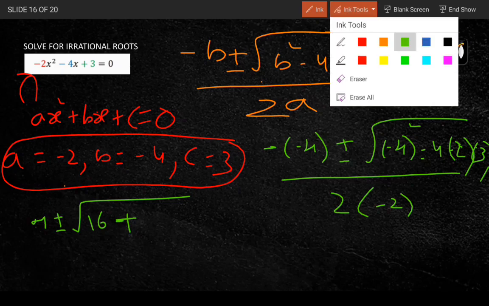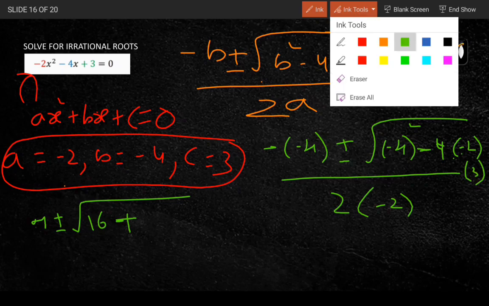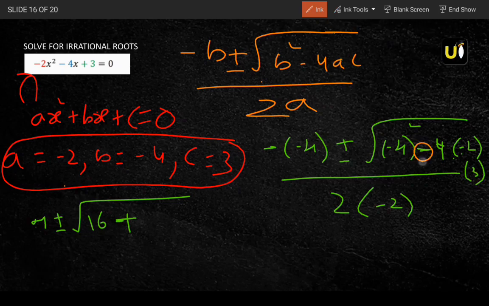So let me write it more clearly for better understanding. This is minus 4 into minus 2 into 3. So here we are having a minus, here also we are having a minus.